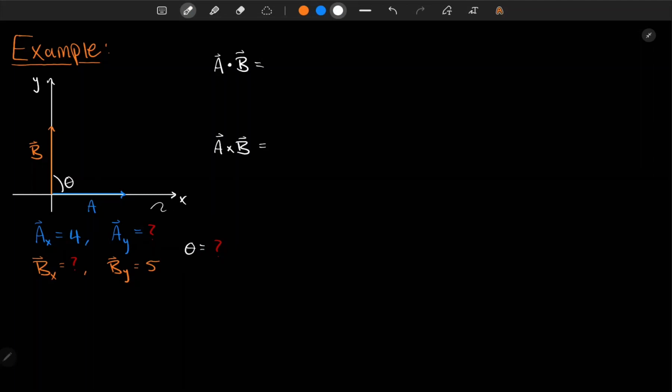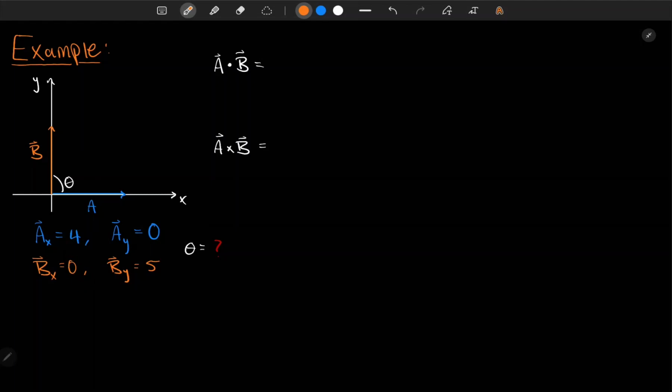Well, since A is on the x-axis, AY is 0 because it has no y component. Similarly, BX is 0. So BY is the only component of B because B is on the y-axis.